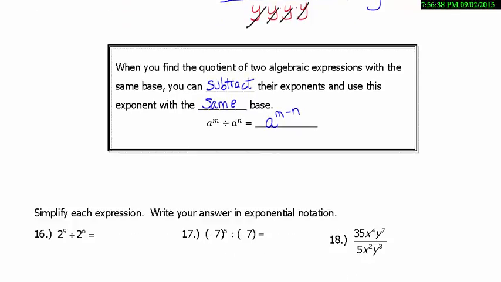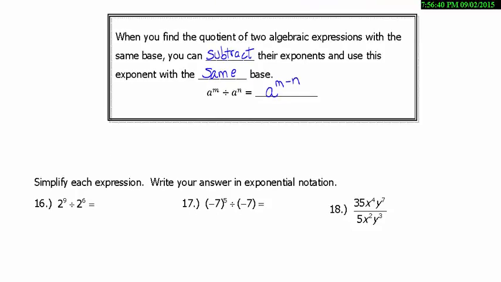So, in number 16, we have 2 to the 9th power divided by 2 to the 6th power. The bases are the same. They both are 2's. And so all we have to do is subtract their exponents, and we get 2 to the 3rd, because 9 minus 6 is 3.